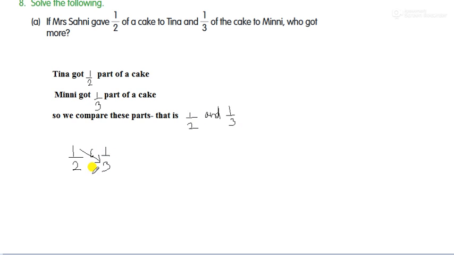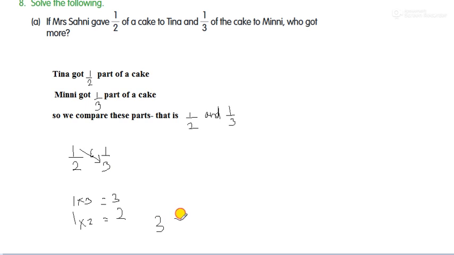Now cross multiply. 1 into 3 equals 3. 1 into 2 equals 2. Now here 3 and 2. We know that 3 is greater than 2.